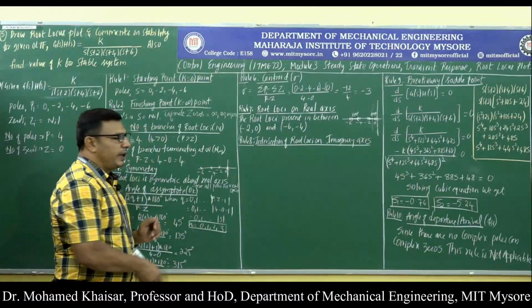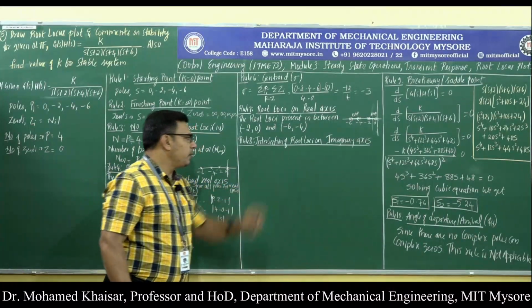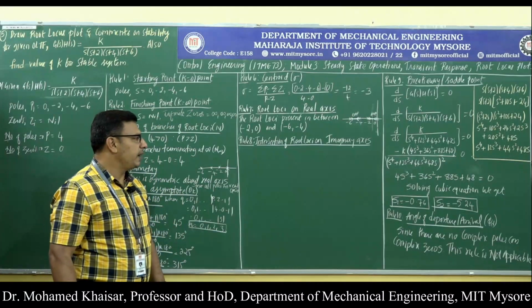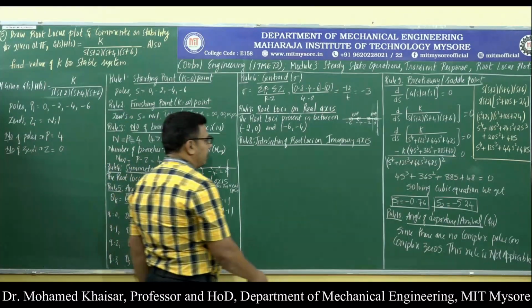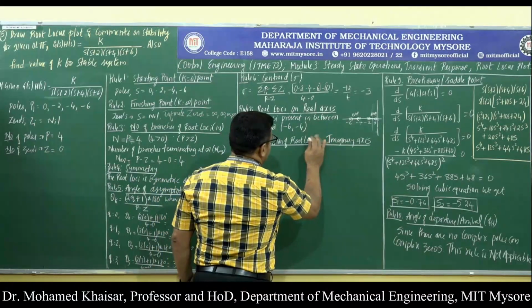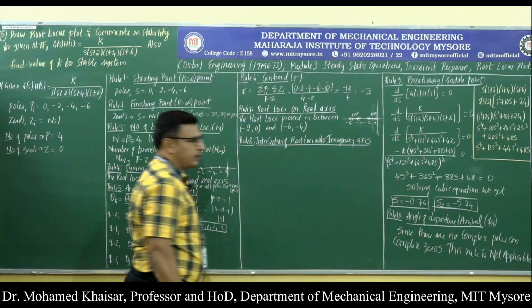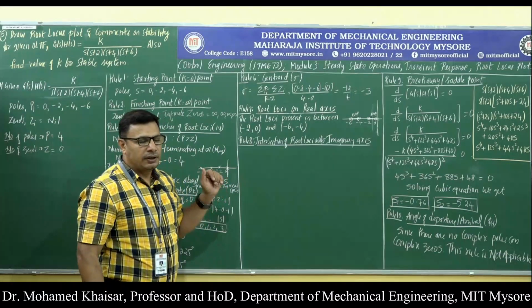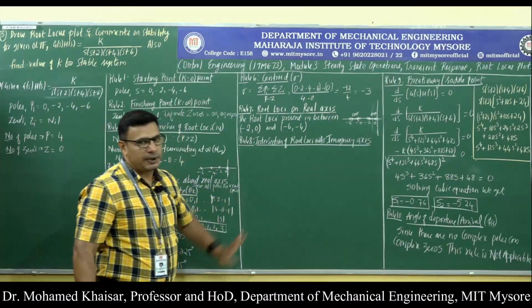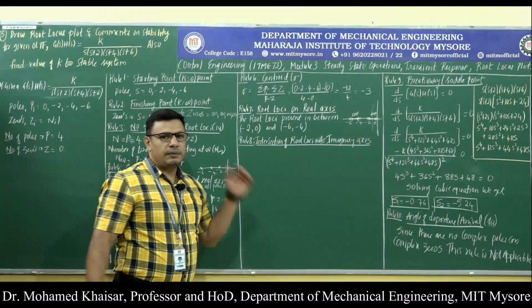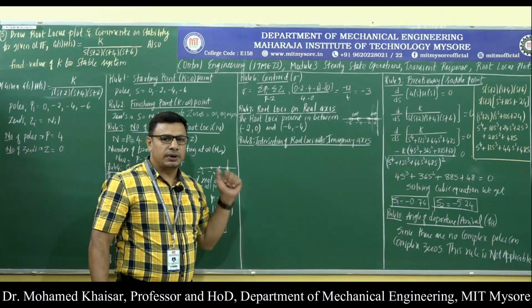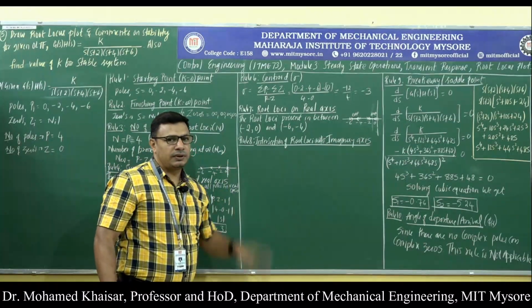Now, rule number 8, intersection of root loci with the imaginary axis. This is the first problem where this rule is becoming applicable. In the previous 4 problems that we solved during the previous sessions, this rule was not applicable.